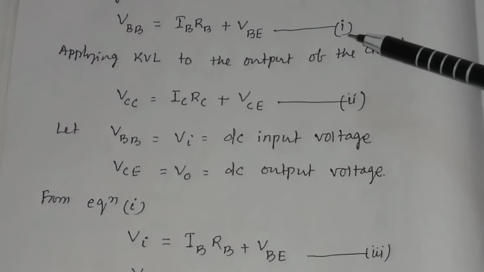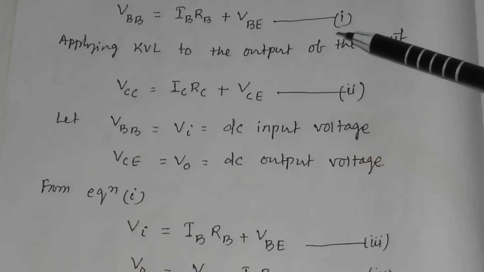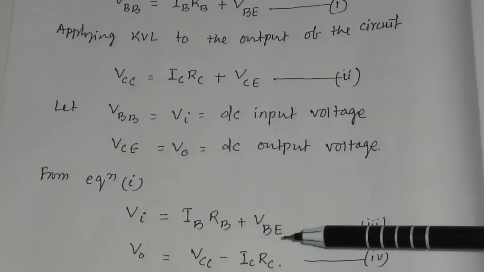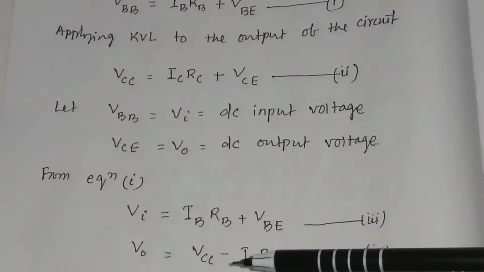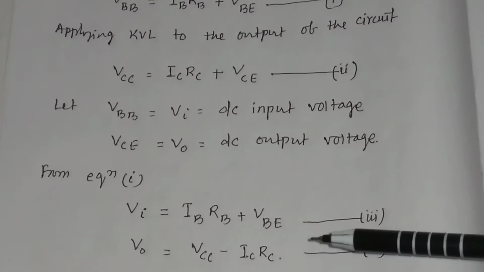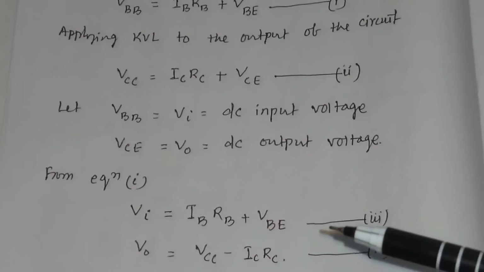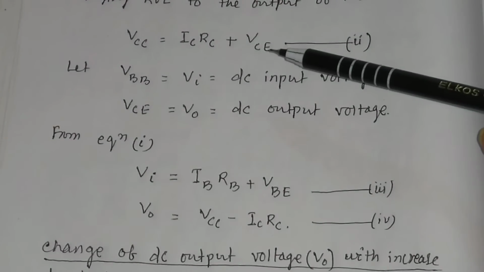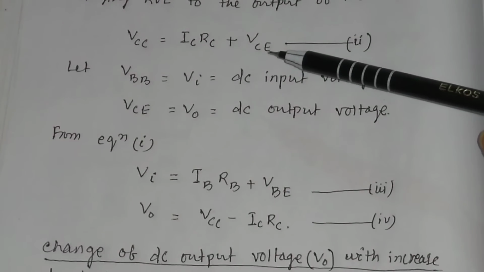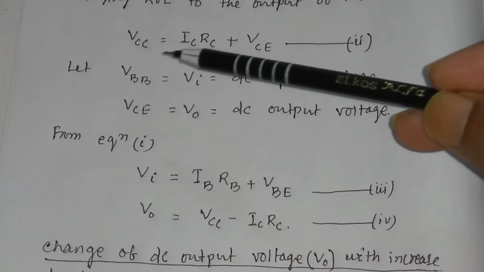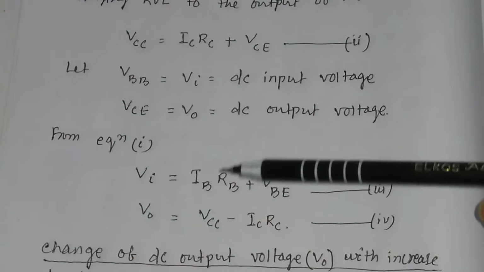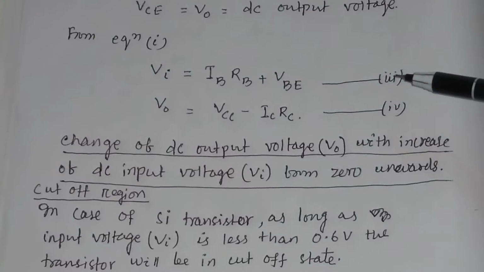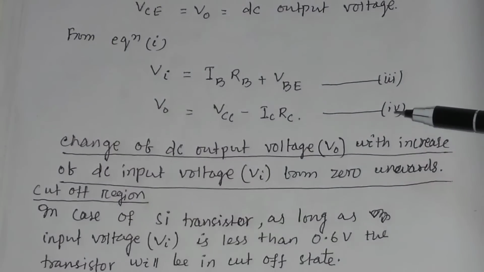So if this is equation 1 and this is equation 2, equation 1 can be written as VI is equal to IBRB plus VBE, and since VCE is equal to VO, VO will be equal to VCC minus ICRC. So this is equation number 3 and this is equation number 4.